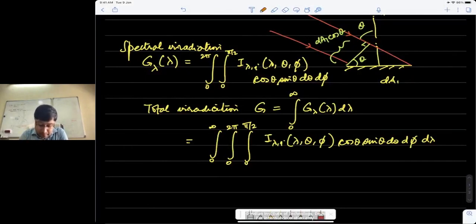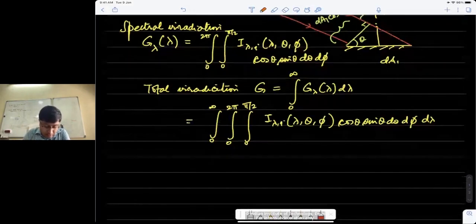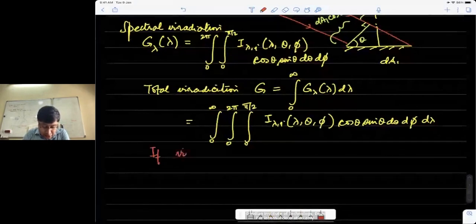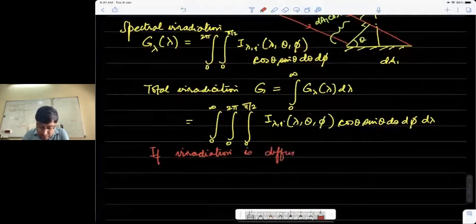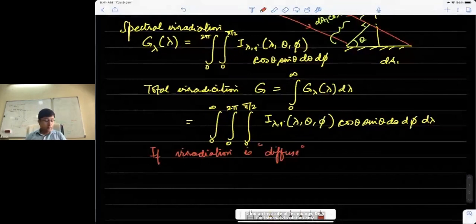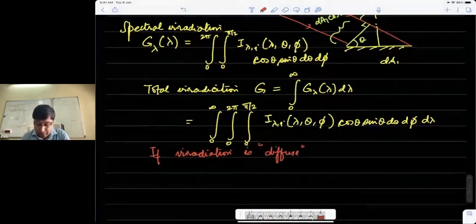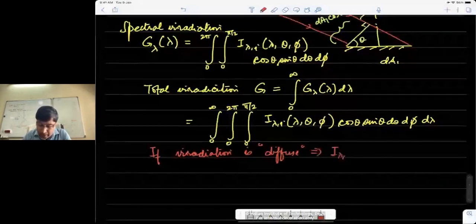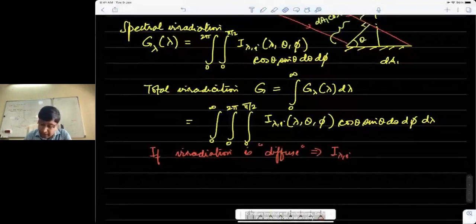So a special case can be made if we say that the irradiation is diffuse. So if we say that the irradiation received by a surface is diffuse, and you'll use this word very often now. In fact, most of the first analysis that we do in the first course is based on diffuse irradiation or diffuse surfaces, and I'll talk about that. But what diffuse would mean is that we have the irradiation now being independent of direction, so I_λ,i is only a function of wavelength.